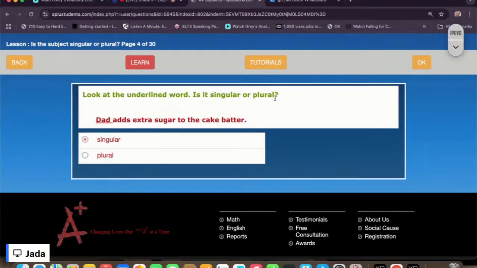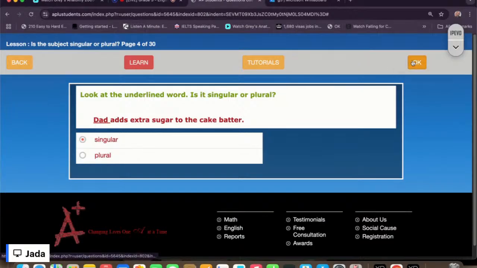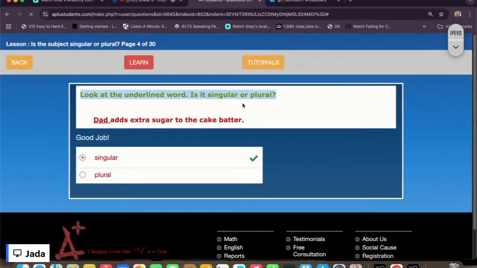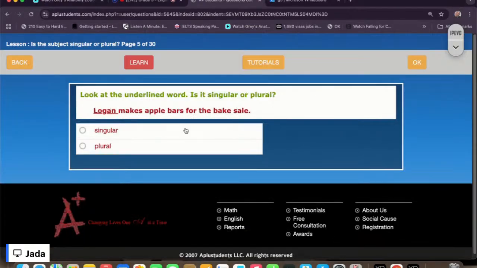Okay. "Logan makes apple bars for the bake sale."